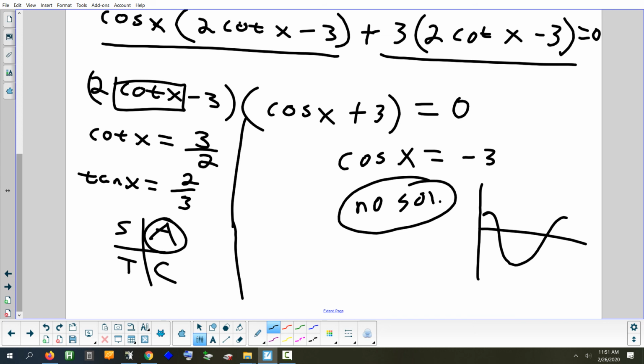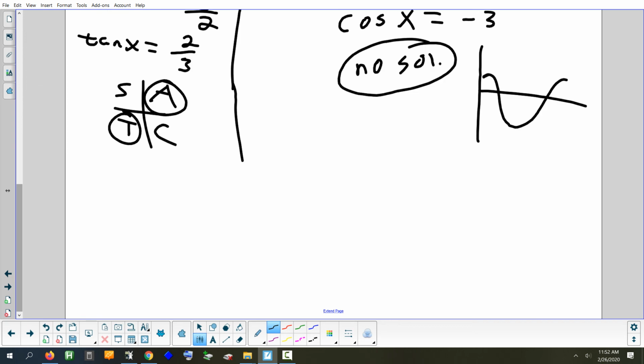It tells you where the trig functions are positive. So we're looking for where tangent is positive. And Jared said quadrant 1 because they're all positive. What other quadrant does tangent come out positive? 3. So we're looking for answers in quadrants 1 and 3. The calculator is going to give you quadrant 1 right away, which is your reference angle, so that's good.